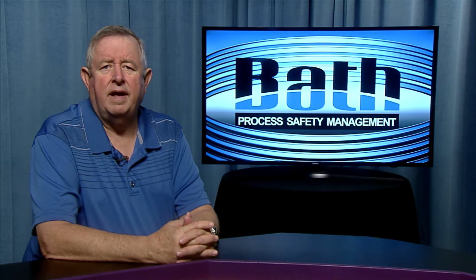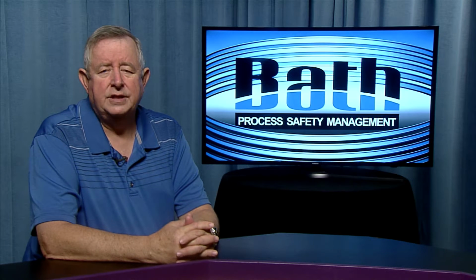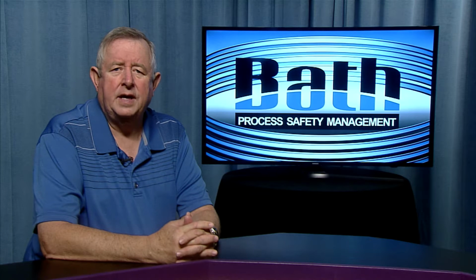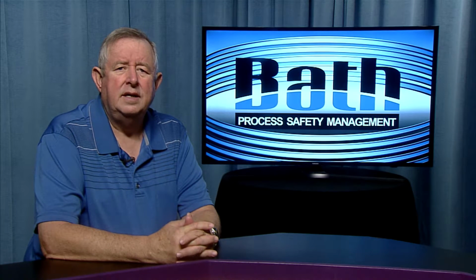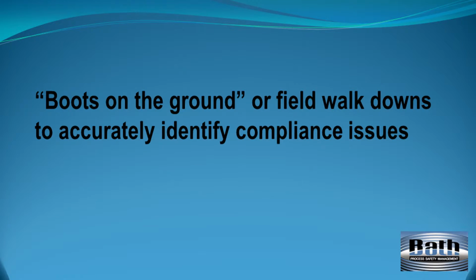Incomplete hazardous area classification documentation within the assessment scope is quickly identified and the company or legal entity is informed. A thorough hazardous area classification compliance assessment requires boots on the ground or field walkdowns to accurately identify compliance issues for the area within the scope.